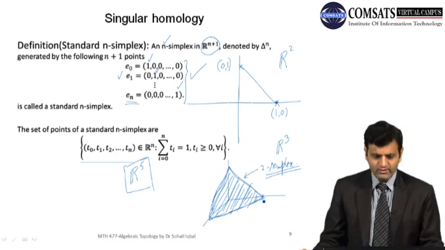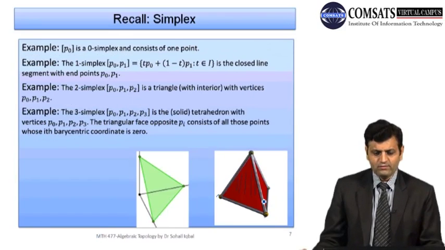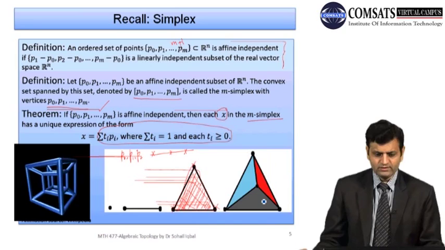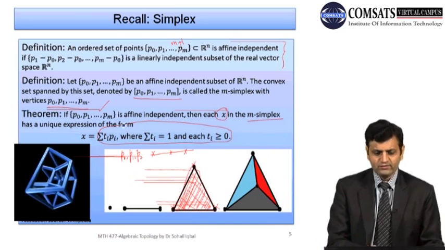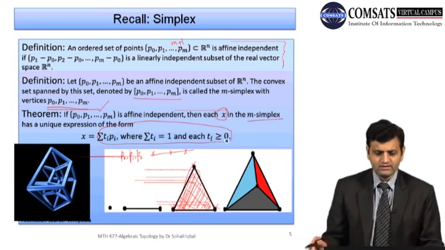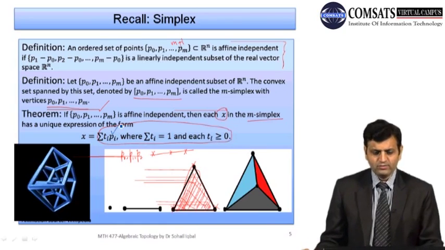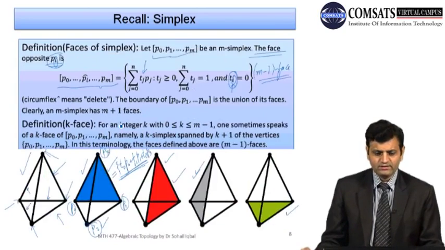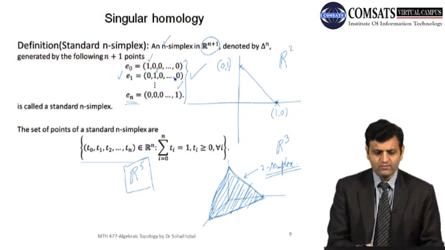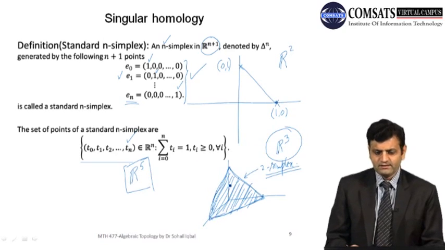Once again, let's go back and see what the form of the points of a simplex was. A simplex has points of the form sum of ti pi, where the sum of ti is equal to 1 and each ti is greater than or equal to 0. But if we take these pi's to be equal to the coordinate points, then the form of points becomes the following. Let's see the case of R3, and you should be able to see the general case from here.